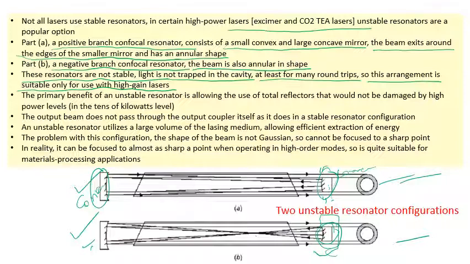Now another point: the primary benefit of an unstable resonator is allowing the use of total reflectors that would not be damaged by high power in the tens of kilowatts level.